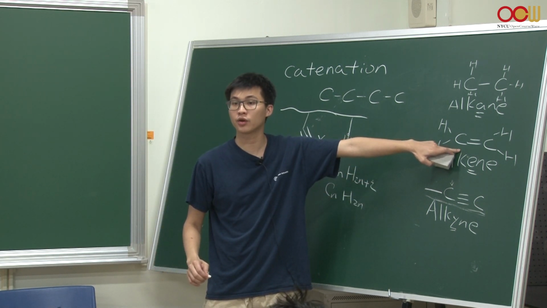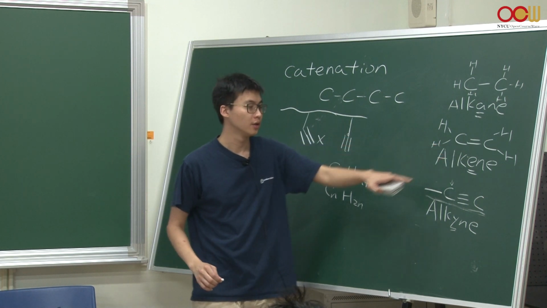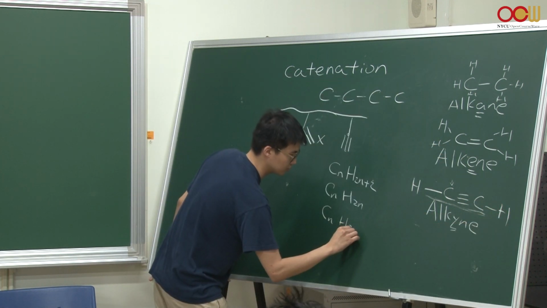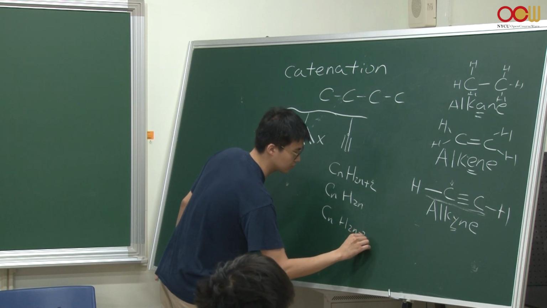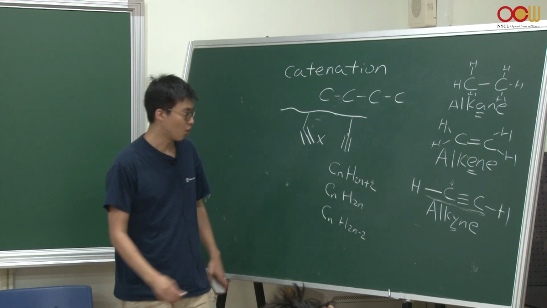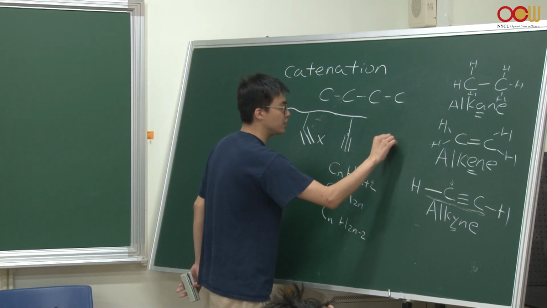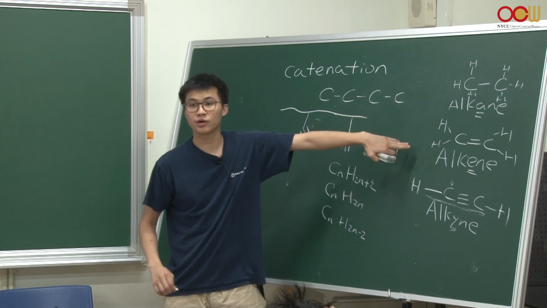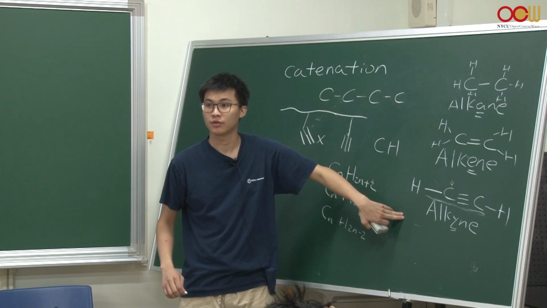That's what we call 1 degree of unsaturation. Obviously for this one, the math adds up. So from the C to H ratio, we can guess how many degrees of unsaturation you could have.